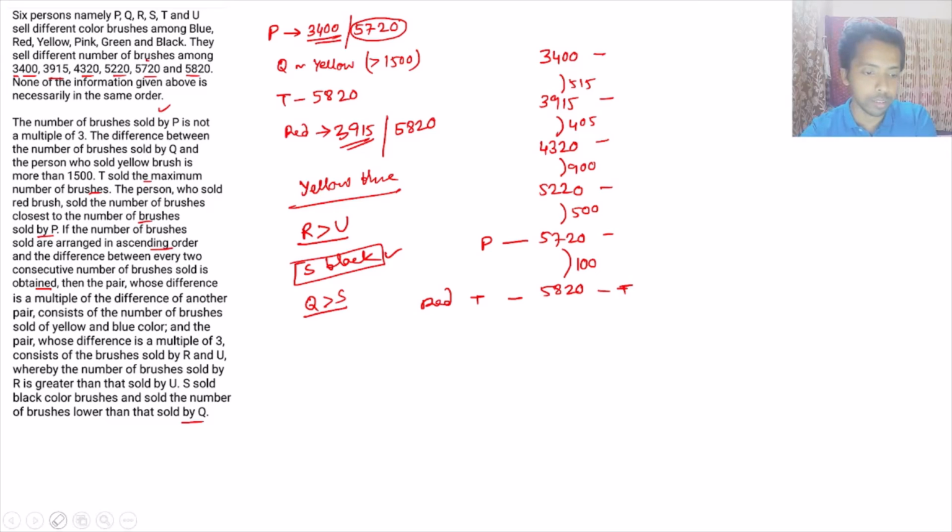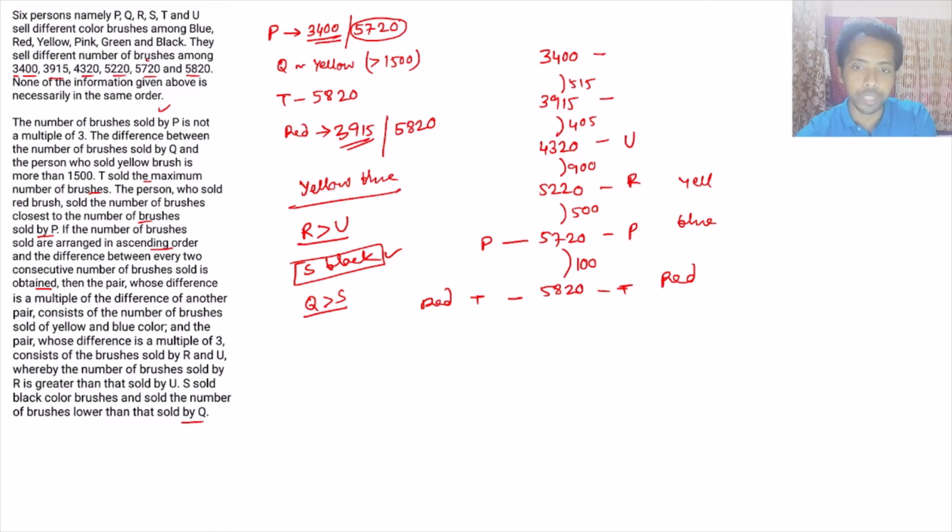So P is at 5720. This is red. If we take this as yellow, this as blue, and then R is here, U is here. So where does S go?